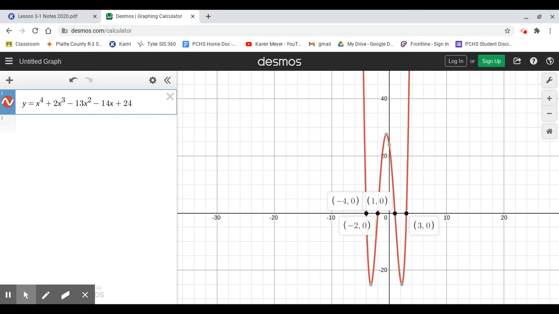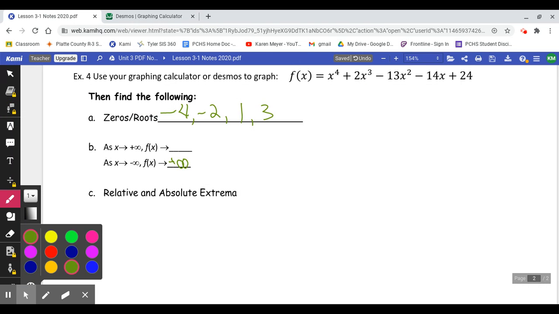Now if I look at my picture on the right side, my graph is also going up. And since my graph is going up, that means it's going to positive infinity. Or if you wanted to do this without the picture, okay, leading coefficient. So what's in front of x to the 4th? Well, that would be a 1. So is everybody okay with saying a is positive?